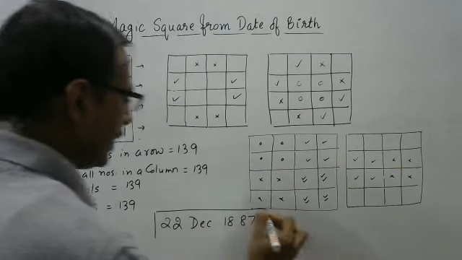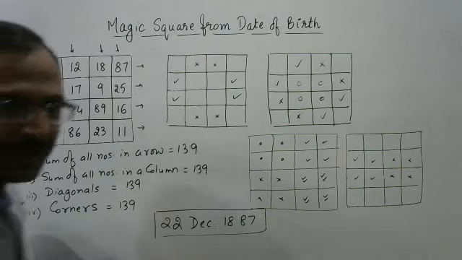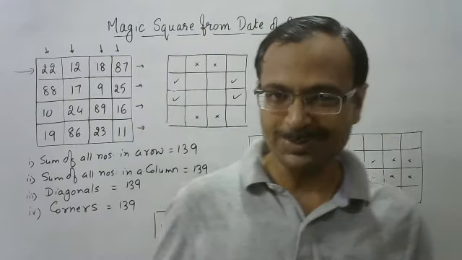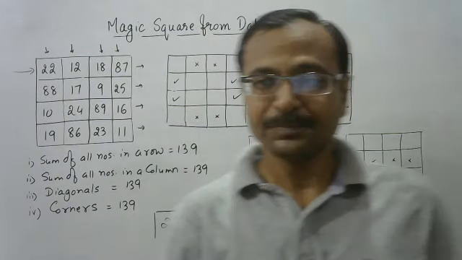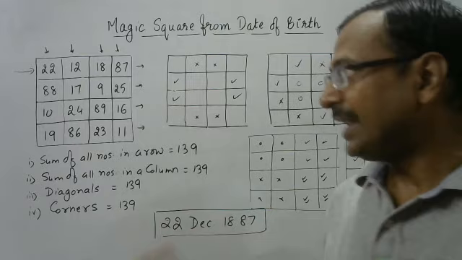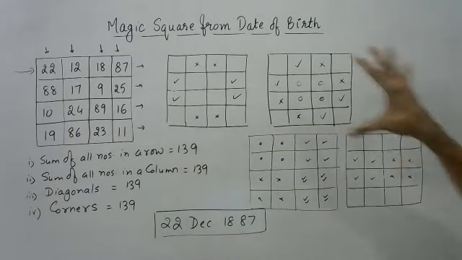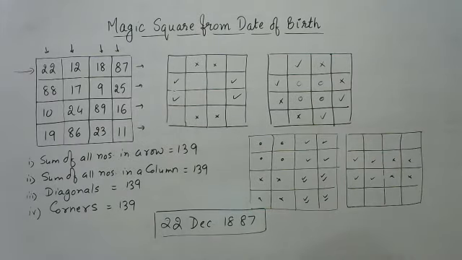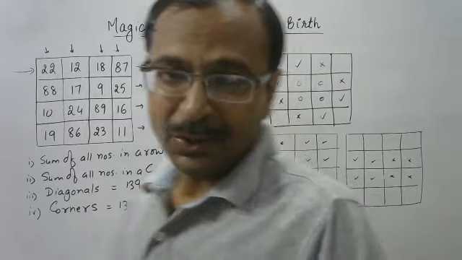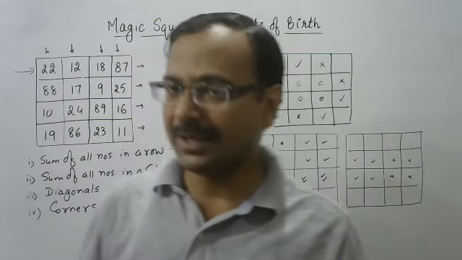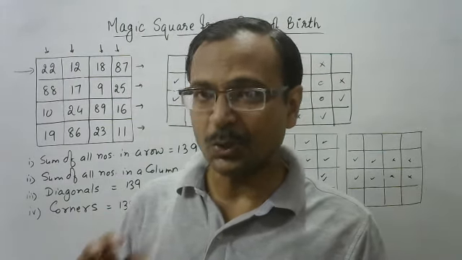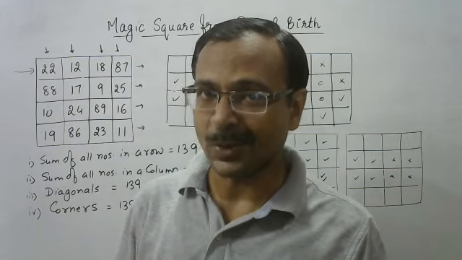This is actually the date of birth of the great Srinivas Ramanujan. And when he propounded this magic square and told us about so many different patterns which exist in this magic square, he told us the reason also, and he gave us the trick to make your own magic square.